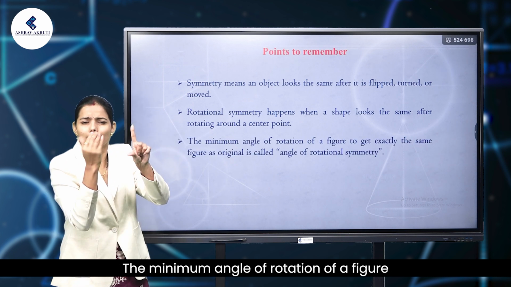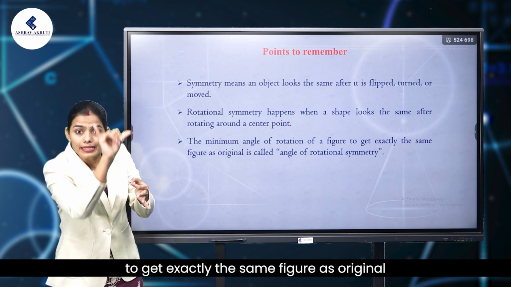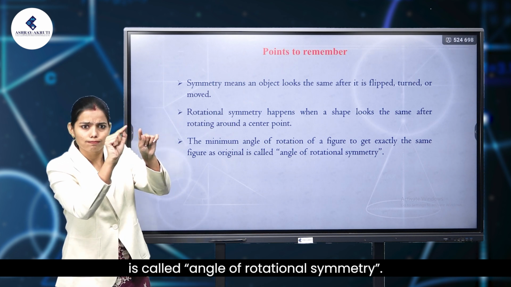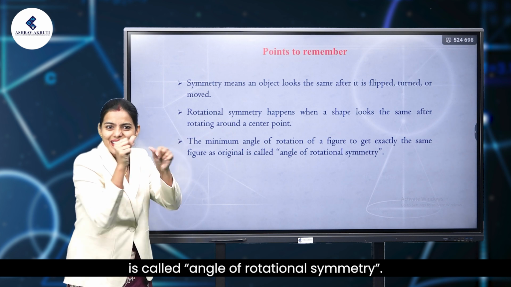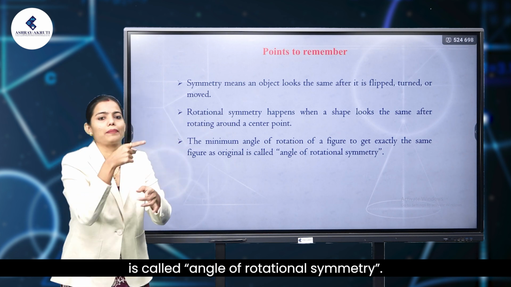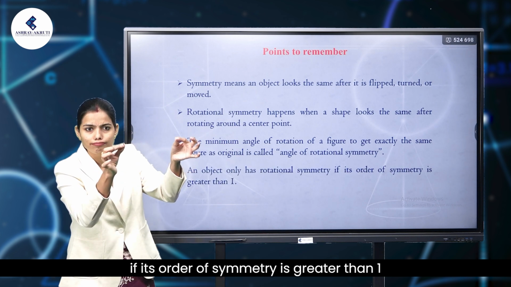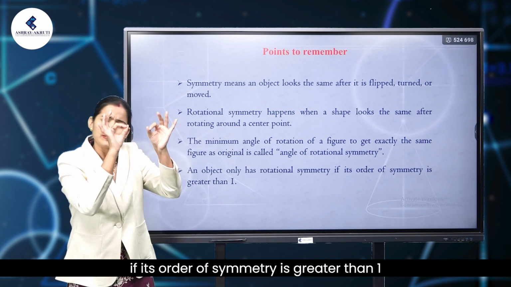The minimum angle of rotation of a figure to get exactly the same figure as the original is called the angle of rotational symmetry. An object only has rotational symmetry if its order of symmetry is greater than 1.